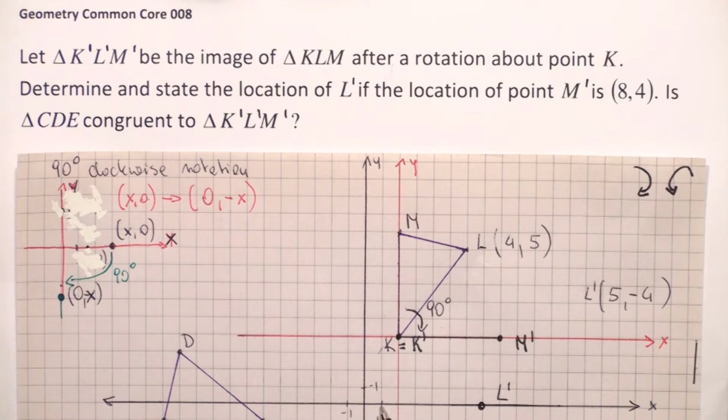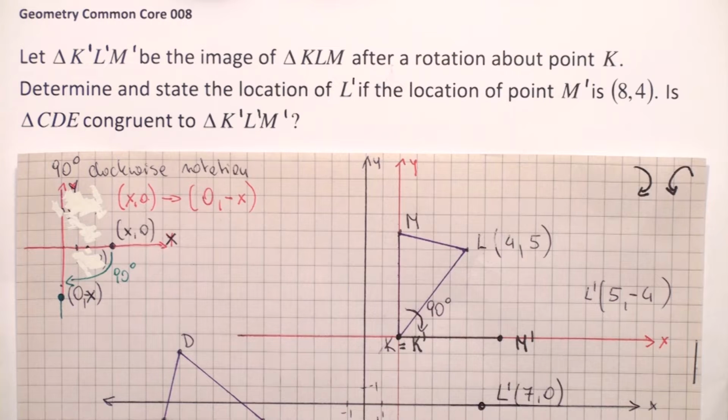So this is unit 1, 2, 3, 4, 5, 6, 7, first coordinate, and the second is on the x-axis, so this is 0. We have our point L prime after rotation about point K.